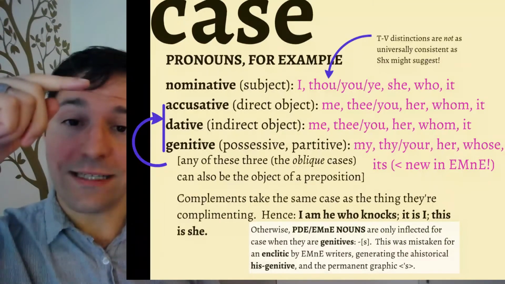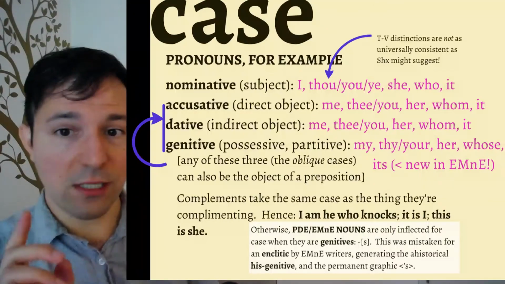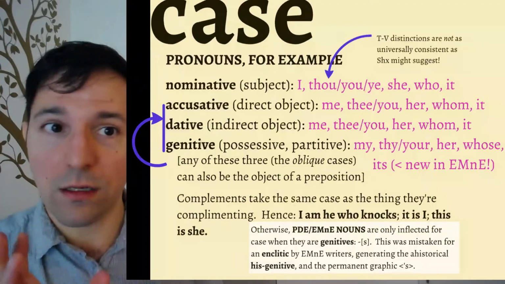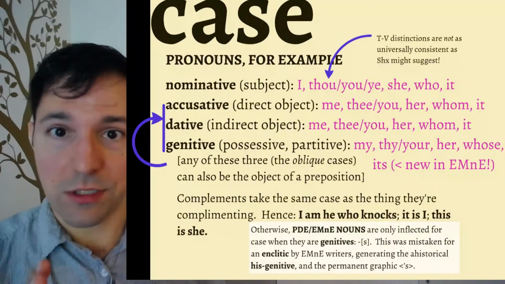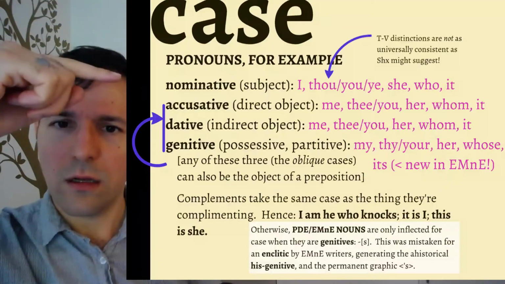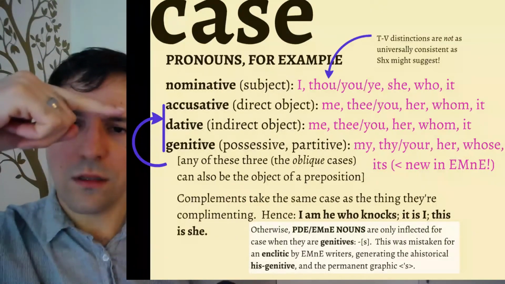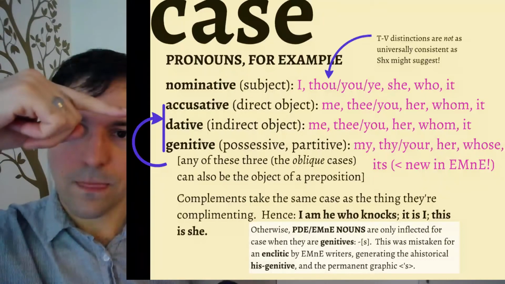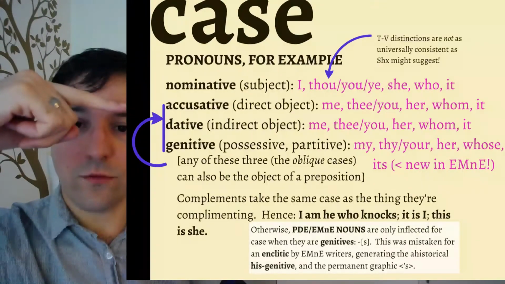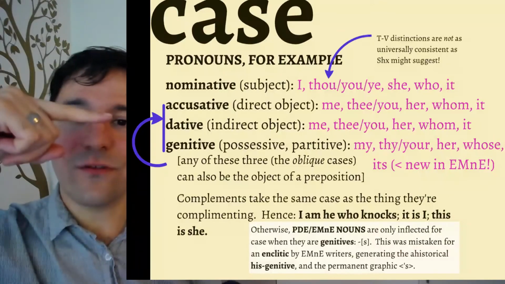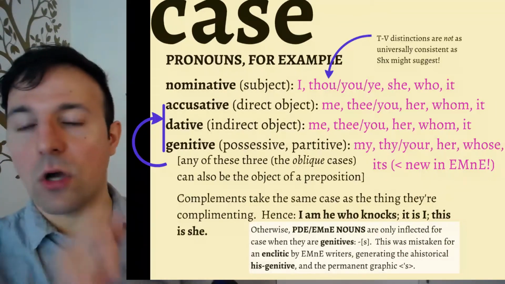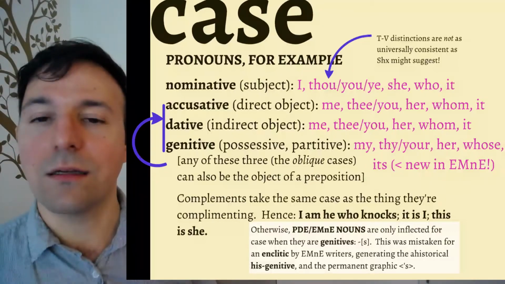You would say thou pet the dog. Actually, you probably say pettest, because we add an inflection to the verb in Middle English as well, and some early modern English, right? We say thou pettest the dog. The dog licketh thee. The difference between thou and thee is whether it is the subject or the direct or indirect object. I give the dog to thee. It is thy dog. The dog is thine.